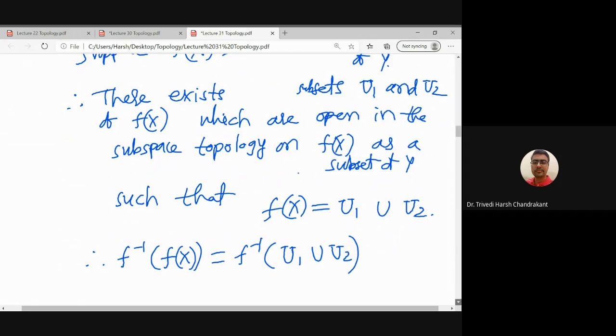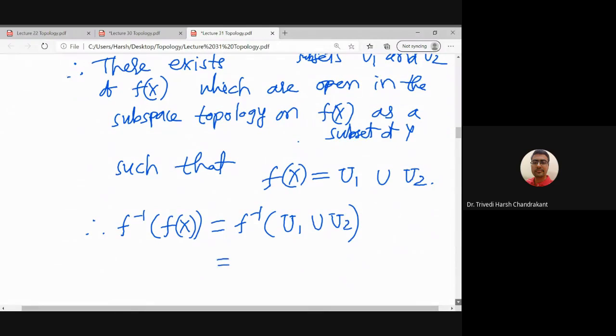And we know that f inverse behaves well with respect to unions. Therefore f inverse of u1 union u2 is f inverse of u1 union f inverse of u2, using simple set theory. And what is f inverse of f(X)? It is nothing but X.